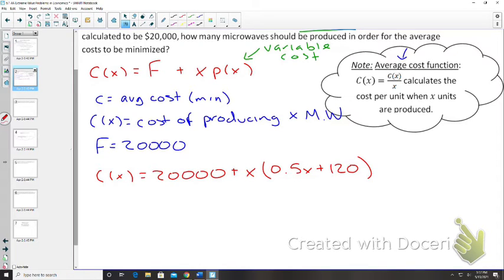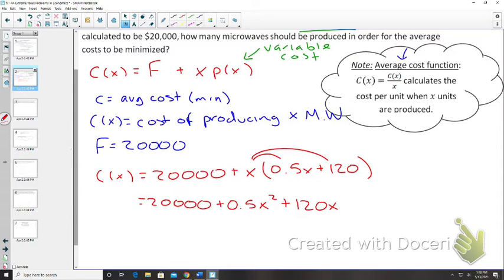Let's distribute that X into our brackets. So we have 20,000 plus 0.5x squared plus 120x. That is going to be my cost function.